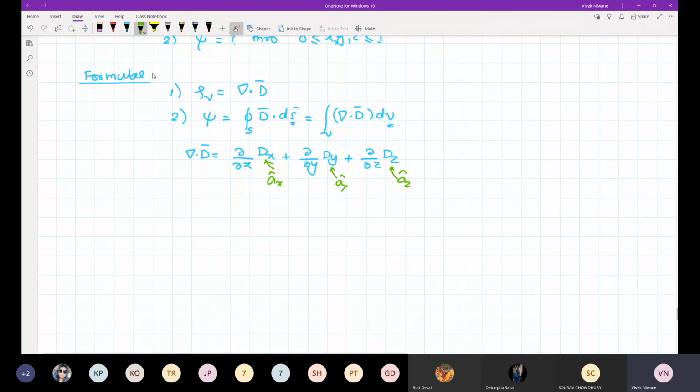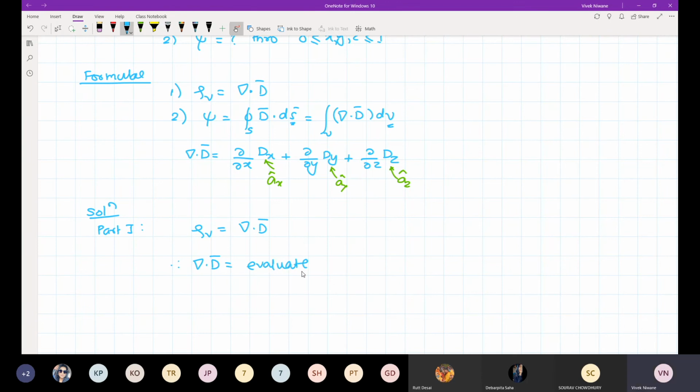Now we do have a solution for our numerical. So part 1. Volume charge density is expressed as del dot d bar. Therefore, evaluate del dot d bar.